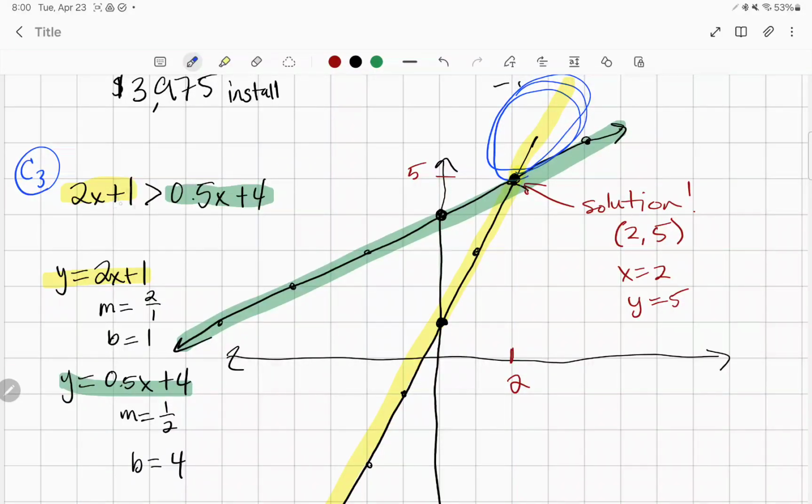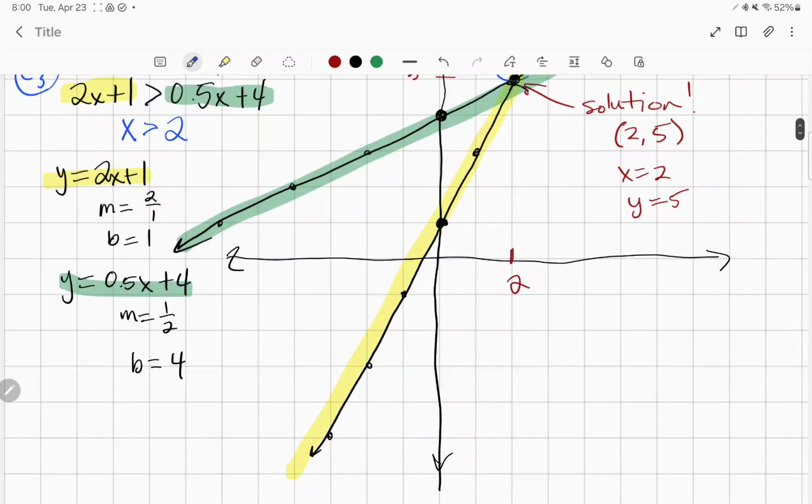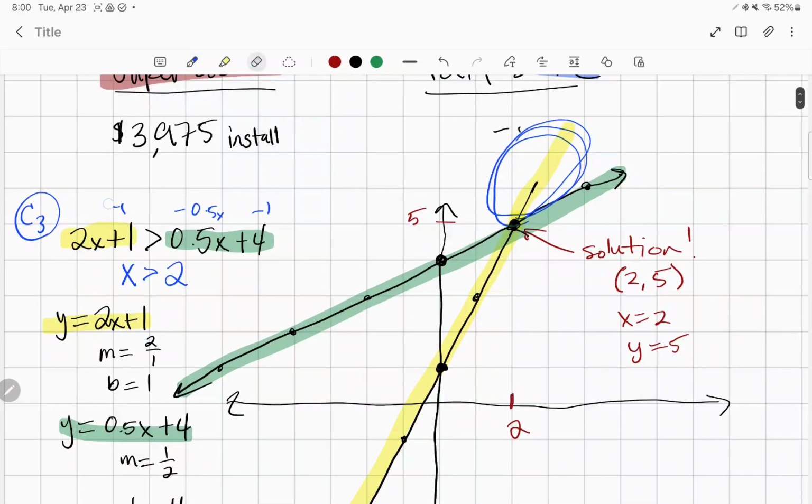And if you were to go through and solve this, you would end up with x is greater than 2. You subtract 1 from each side, and then you subtract 0.5x, just like what we did down here, doing the exact same thing, solving for x. You would get x is greater than 2. So the question is asking, when is the 2x plus 1 graph larger or higher on the coordinate plane than the 1/2 x plus 4? And the answer to that is when x is greater than 2.